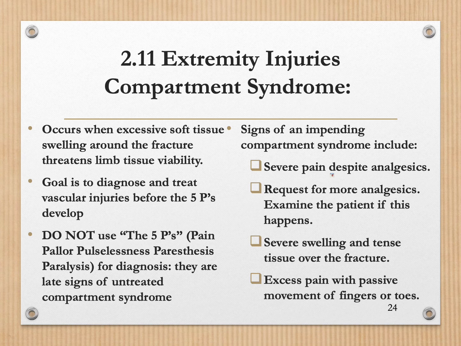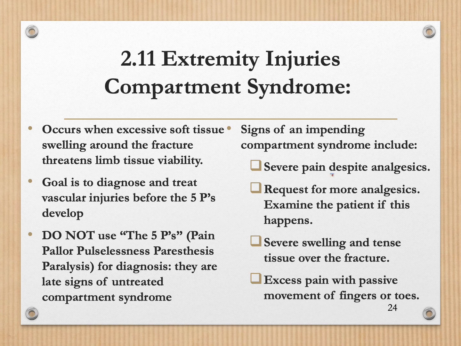Compartment syndrome occurs when excessive soft tissue swelling around the fracture threatens limb tissue viability. The goal is to diagnose and treat vascular injuries before the 5 Ps develop. Do not use the 5 Ps, pain, pallor, pulselessness, paresthesia, and paralysis, for a diagnosis. They are late signs of untreated compartment syndrome.